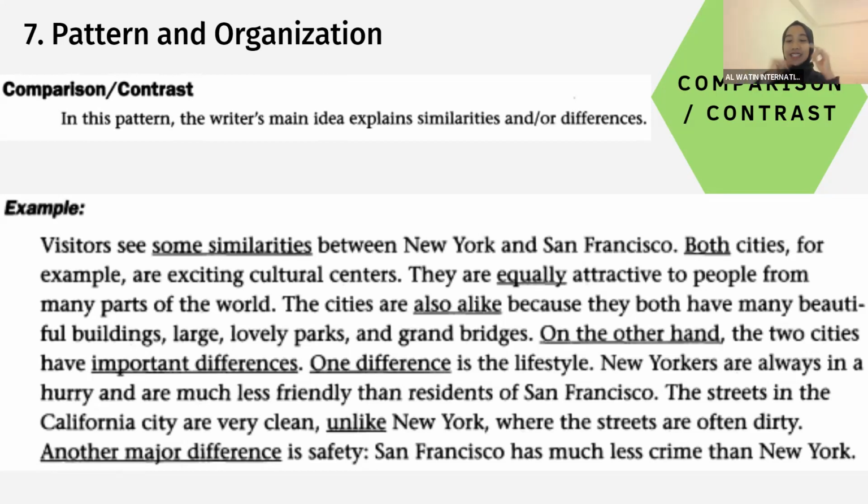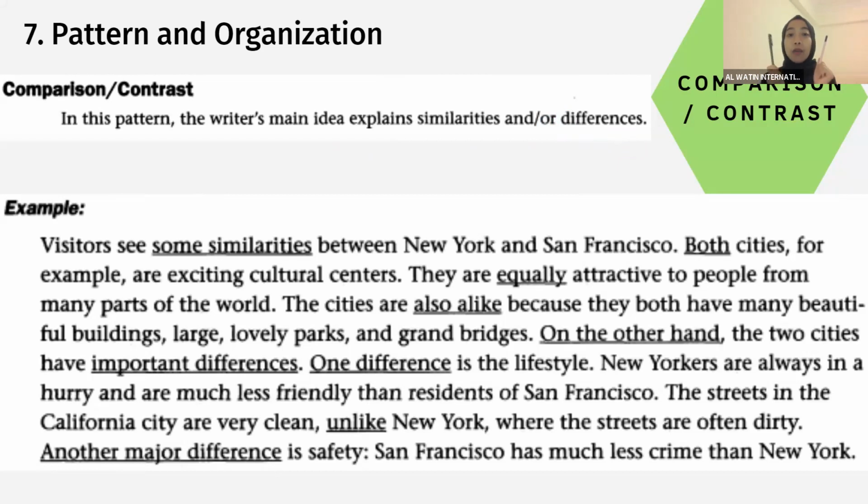Okay. That's correct. Actually, a paragraph of comparison or contrast, in Turkish is karşılaştırma, if you heard. In this pattern, the writer's main idea is explaining similarities or differences. So compare two things. I have marker and pen.